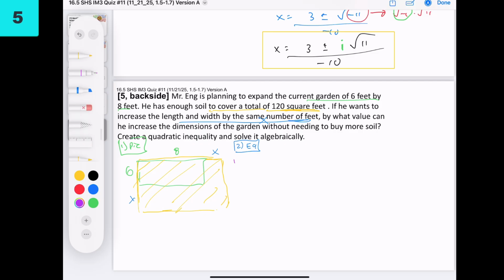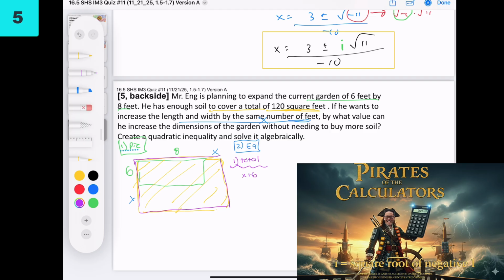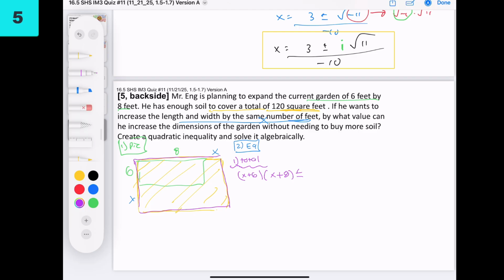So I'm trying to clarify maybe something you saw. The first one is the total. The total one would be all of this in purple. So that would be x plus 6, x plus 8, and that has to be less than 120.